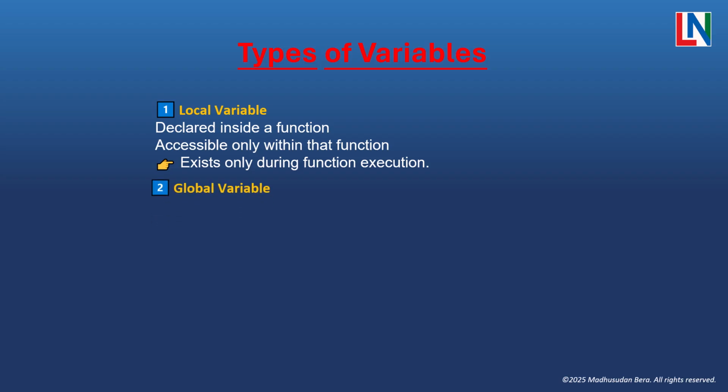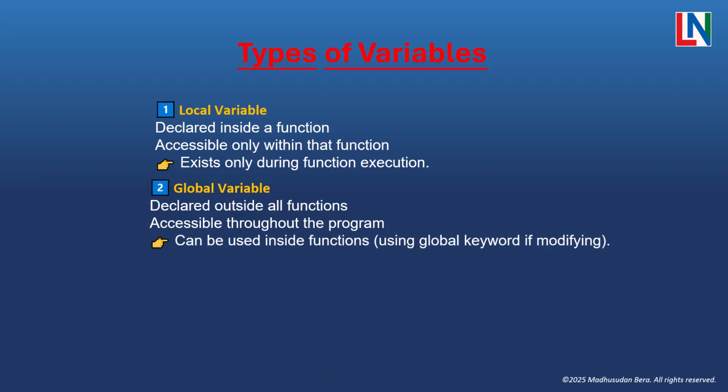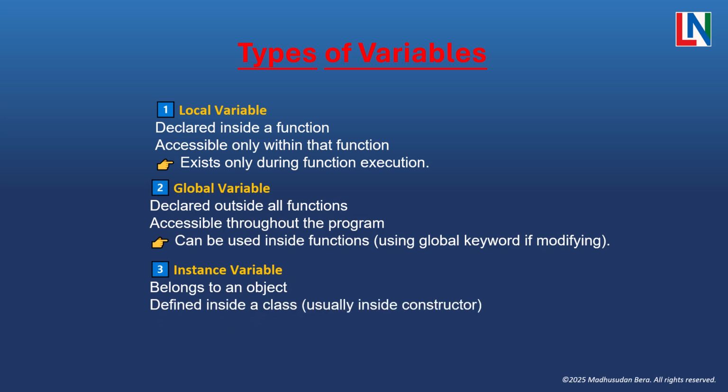Global variables, declared outside all functions, accessible throughout the program, can be used inside functions using the global keyword if modifying. Instance variable belongs to an object, defined inside a class, usually inside a constructor. Each object has its own copy, used to store object specific data.